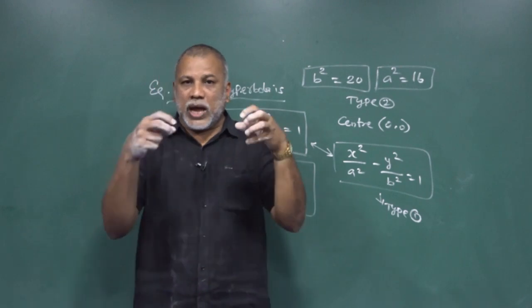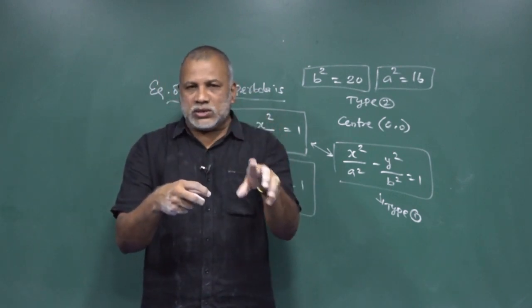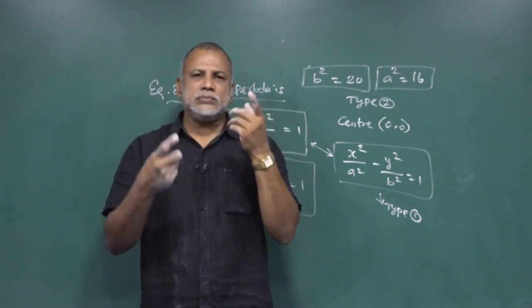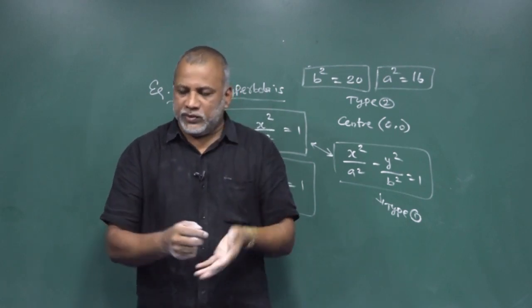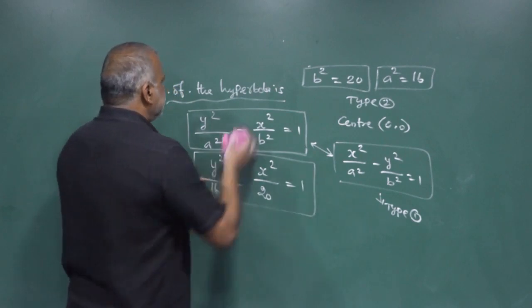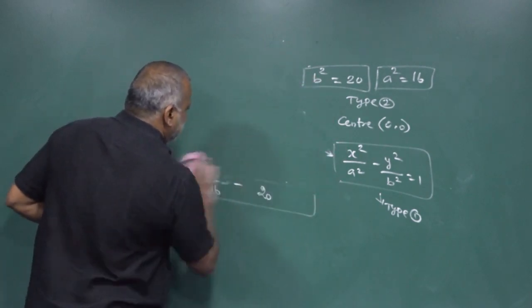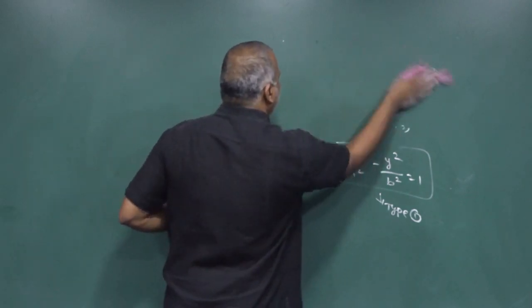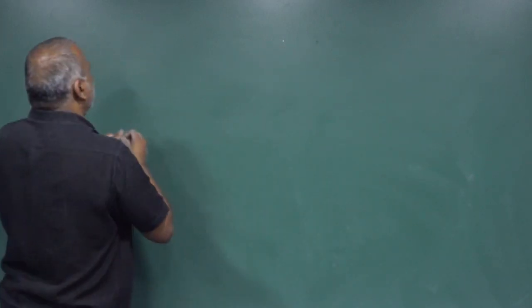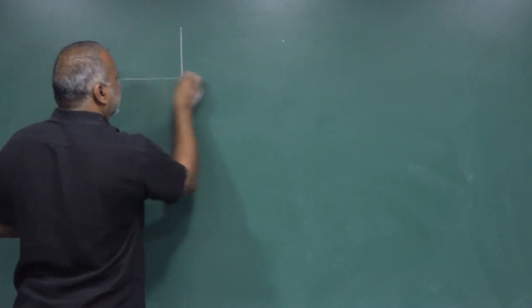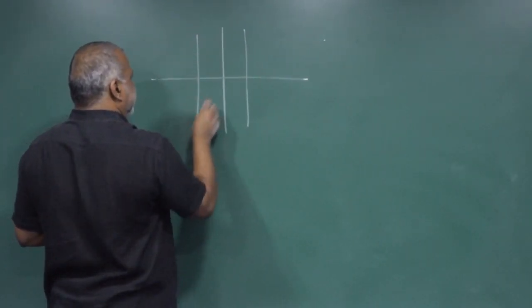From this, you have to analyze which type the given question belongs to. Then you need the center. The center is the midpoint of, see the diagrammatic explanation, then only you can observe everything. For type number 1, the transverse axis is along the x-axis. Type number 1 means, I am drawing a rough diagram. This is enough for explanation.